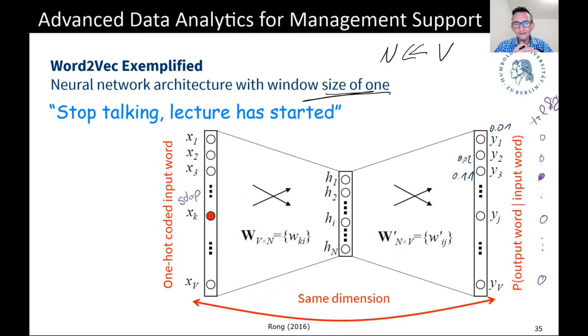And then these weights that we have here, if you think about it, the input to our neural network is 1 hot. So all the x values, all the input values are 0, but one of them.